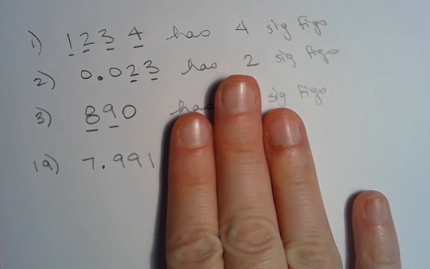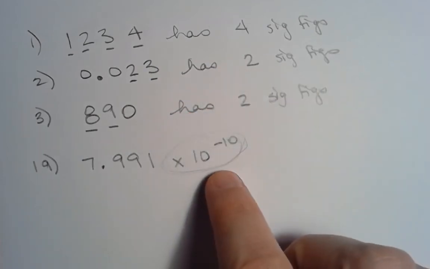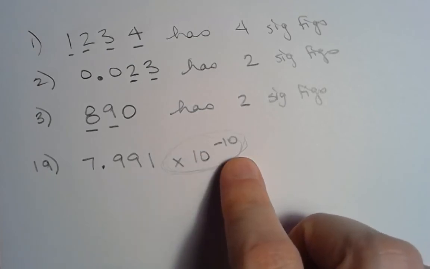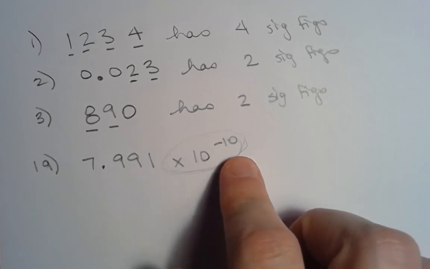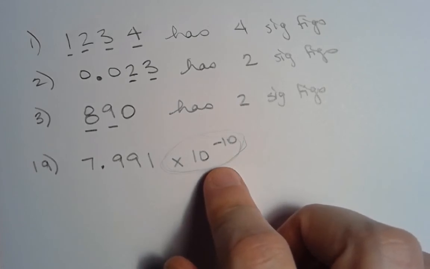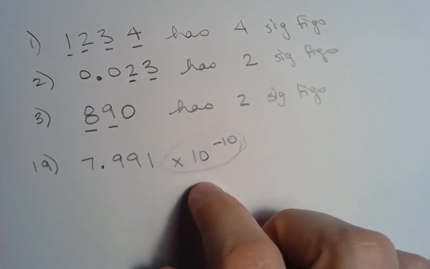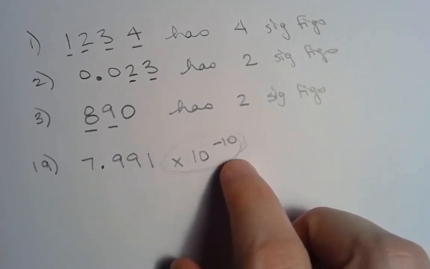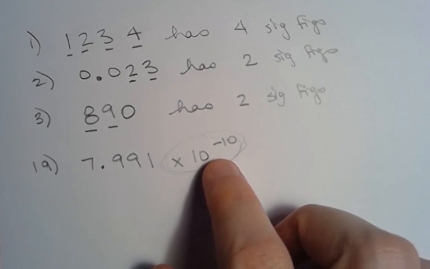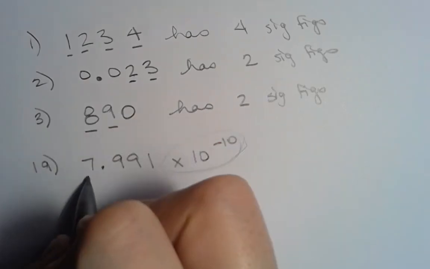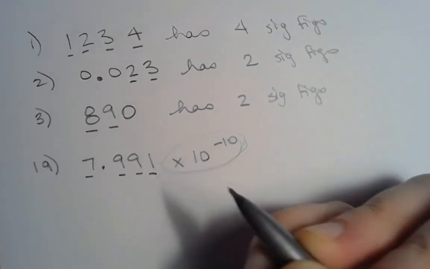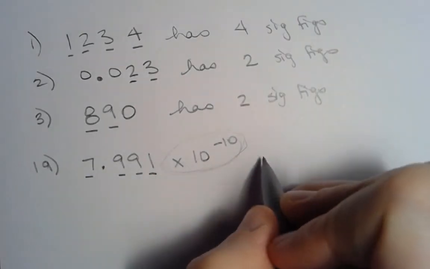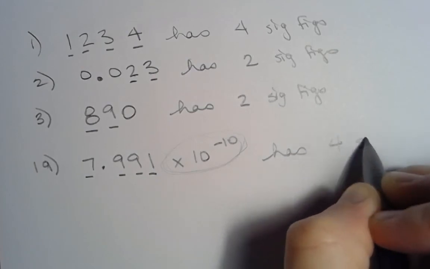And don't totally ignore, because if you've seen this before, you might remember that this means this is a really small number. And all of the zeros that you would add to indicate that this is a really small number, all of those zeros are not significant. Therefore, this is a placeholder. It tells you how big or how small it is, but it doesn't affect your level of confidence of the actual measurement. So for here, you've got 1, 2, 3, 4 place values that you're totally confident in. That has 4 sig figs.